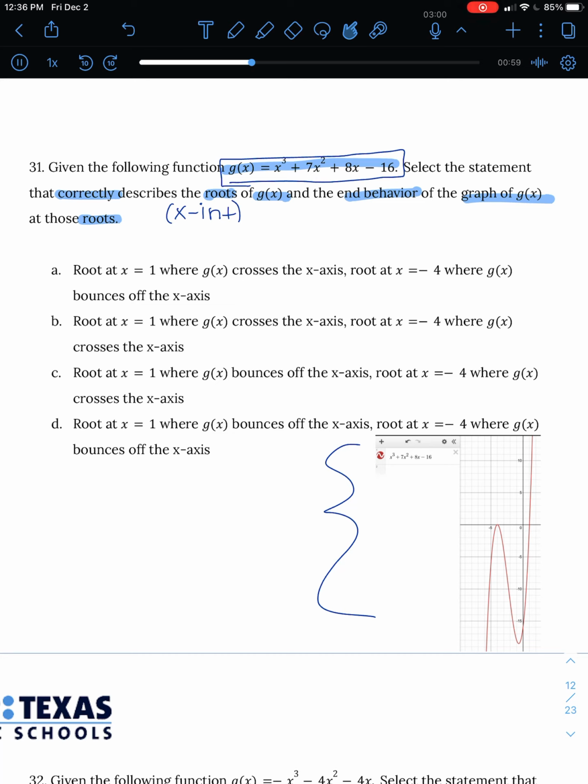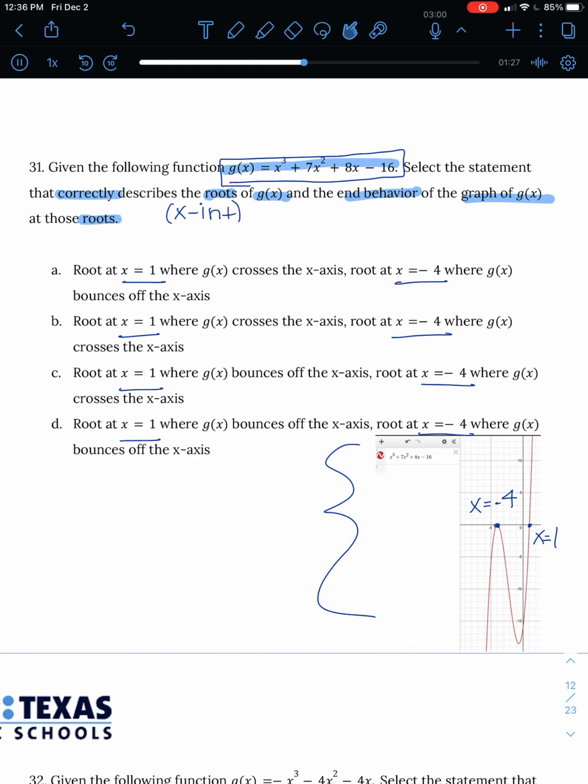Now, if I look at this graph, I notice that I have two x-intercepts, aka two roots, right? My first root is going to be at -4, and my other root is going to be at 1. So if I look at my answer choices, I notice that I have the first root of 1 and the other root of -4.